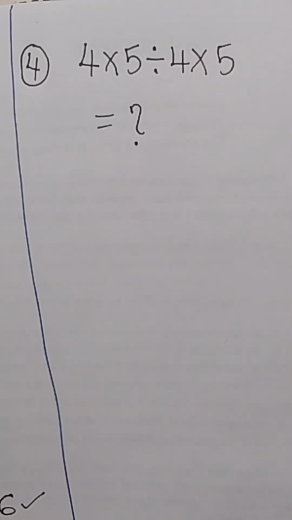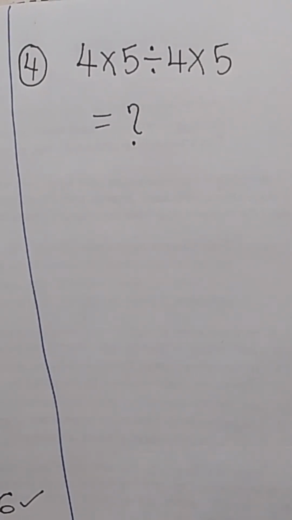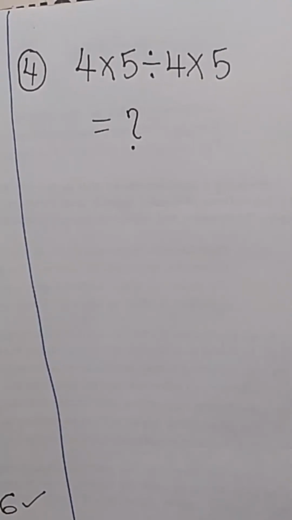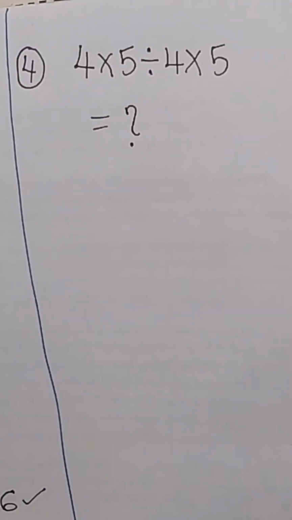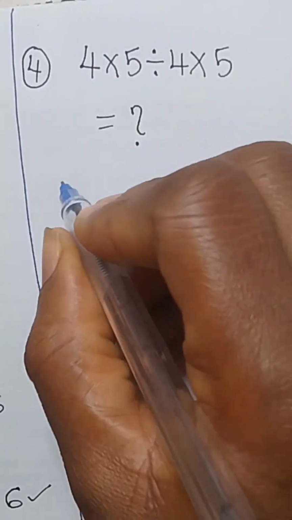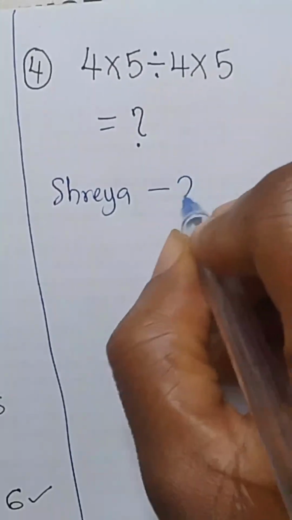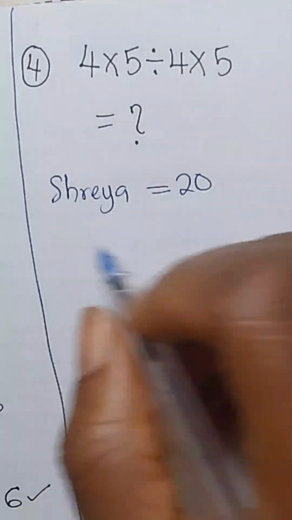Okay, so we have the first answer, 20. Isama, give me my pen. Give me my pen now. So the first answer is from Shreya, 20. So who is answering next?